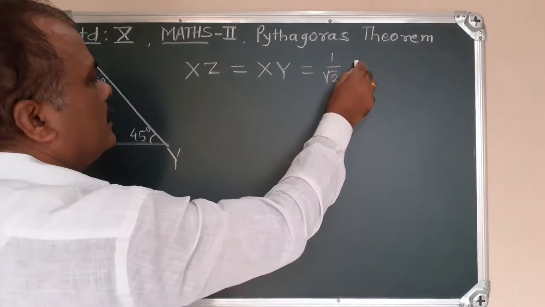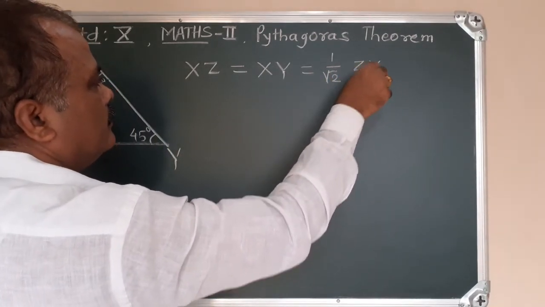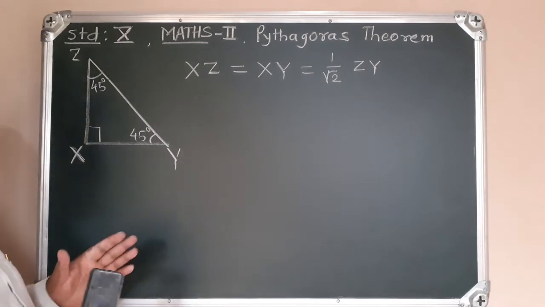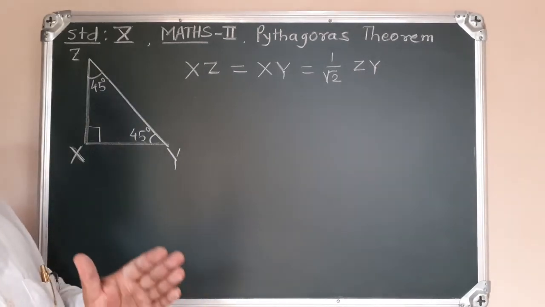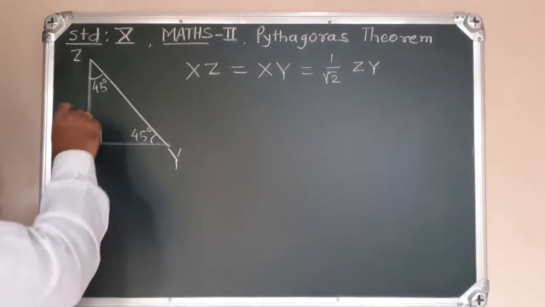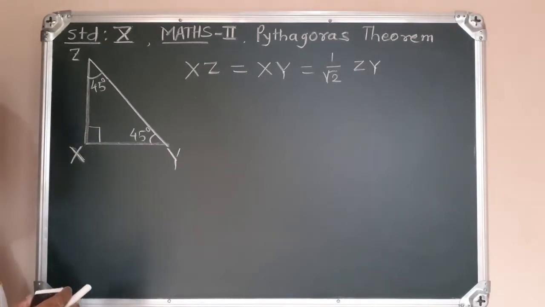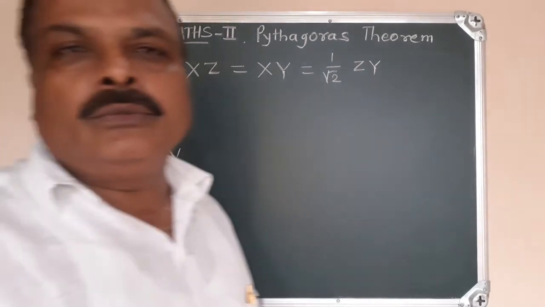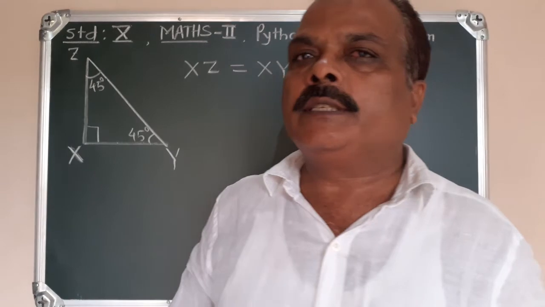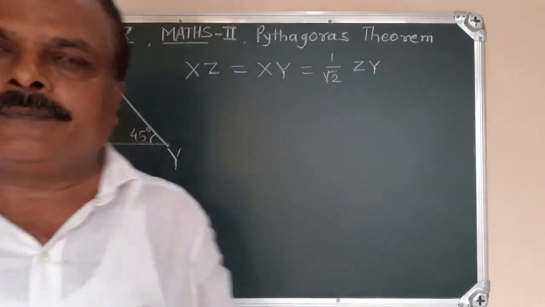ZY is a hypotenuse. So this is the property. If the acute angles of right angle triangle are 45 degree, 45 degree, then the perpendicular sides are equal to 1 upon root 2 times hypotenuse.